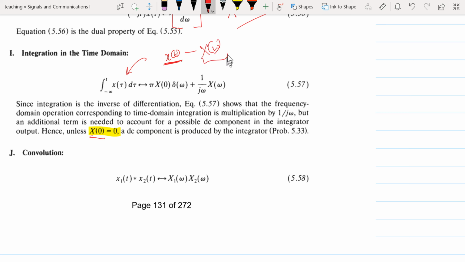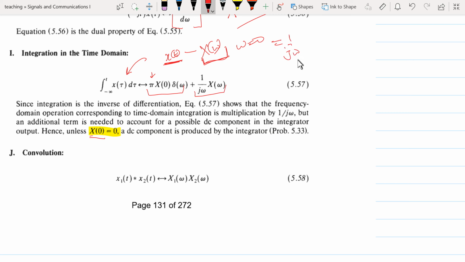So we want to find out what will be the result of its Fourier transform, and we are simply saying that the result will be equal to the Fourier transform of the signal itself evaluated at omega equals 0, as you can see here, multiplied by the impulse of omega, multiplied by pi, and then the other component that we introduce, or which must be there, is that we are dividing by j omega, that is 1 over j omega.